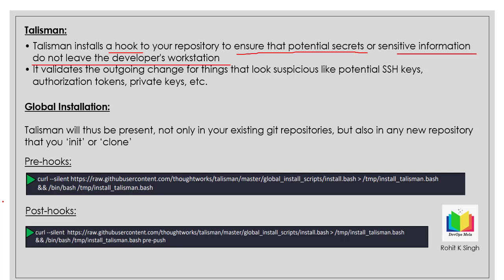So how do we make sure? This is a tool which we can install on all the developers' computers, making sure they are not pushing any sensitive information even by mistake. Okay, so what exactly does it do? It validates outgoing changes that look suspicious, like potential SSH keys, authorization tokens, private keys, etc. It has an algorithm through which it looks for such keys, and post that it will make sure those keys are not pushed or even committed locally.